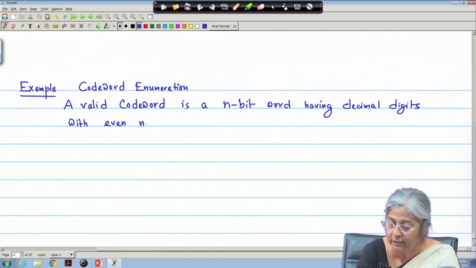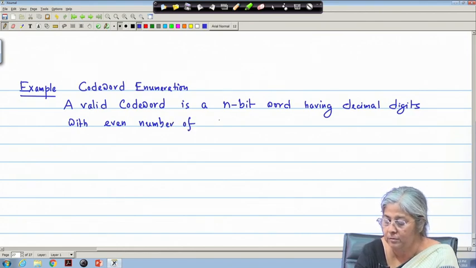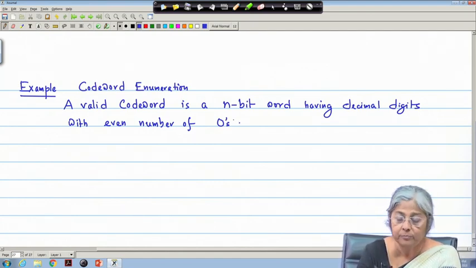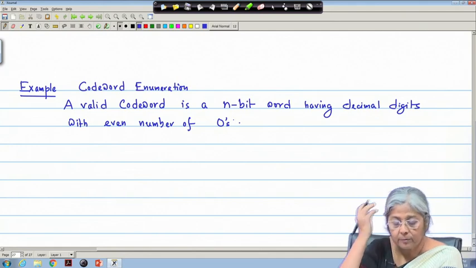So, it is defined like an even number of zeros. Now, we have to find the code words.